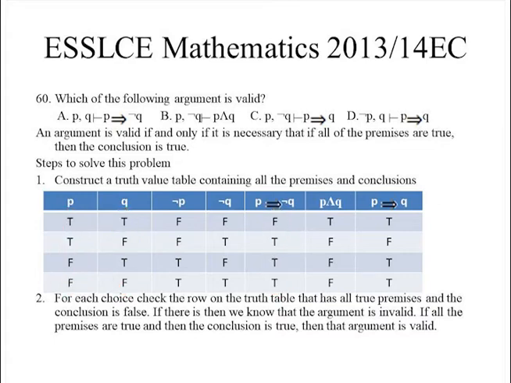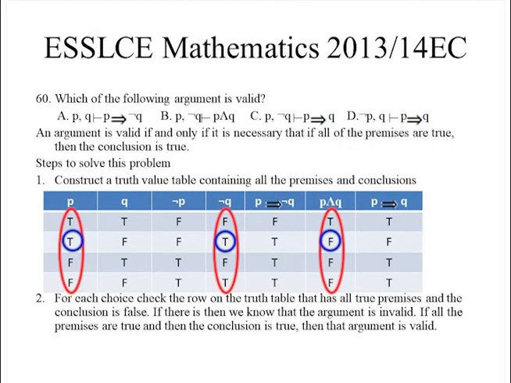Choice B, P, negation of Q yields P and Q, meaning compare first, fourth, and sixth column. First and fourth columns are true only in the second row, but second row of the sixth column is false. That is, the premises are true and the conclusion is false, so the argument is invalid.